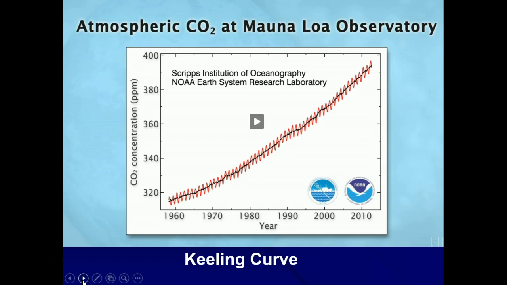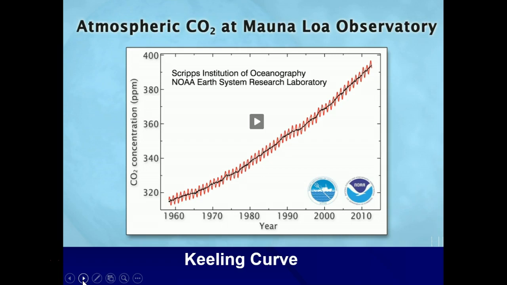Of course, this isn't just from Mauna Loa, which is on the Big Island of Hawaii. We've also put monitors around the globe, but this is the most famous one. And as you can see, over time, every year, the amount of CO2 has increased.